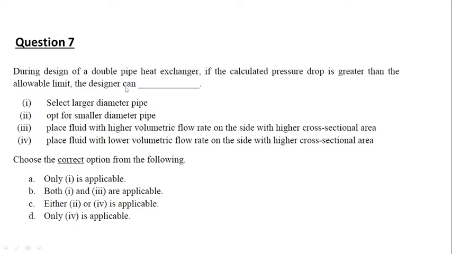In both cases, when the diameter is increased, the fluid velocity decreases, thereby the pressure drop decreases. Also, by placing the fluid with higher volumetric flow rate through the tube with higher cross-sectional area, the pressure drop can be decreased. So 1 and 3 are correct answers, so option B is the correct answer.